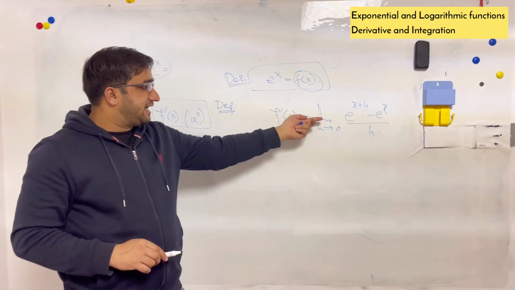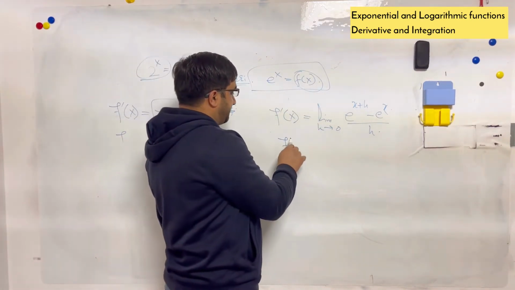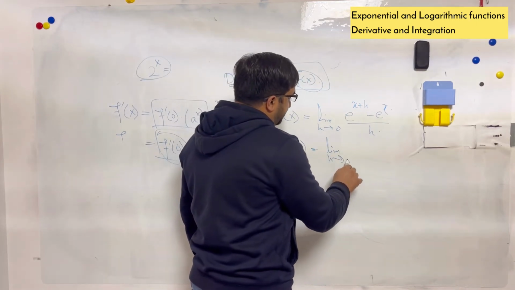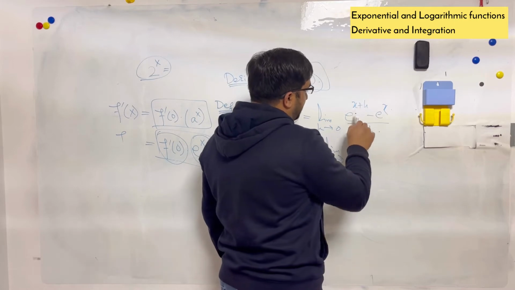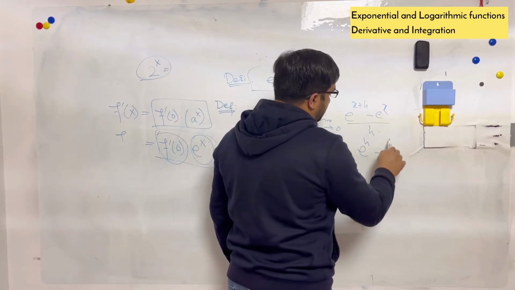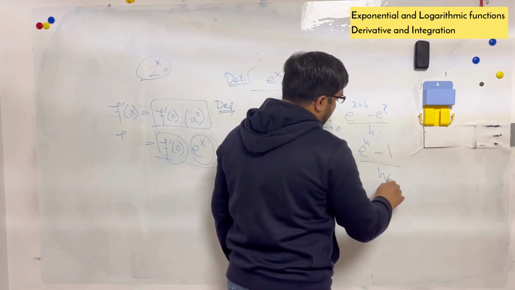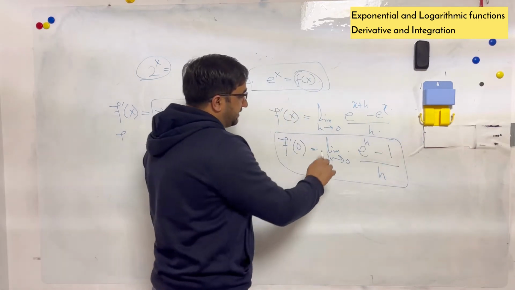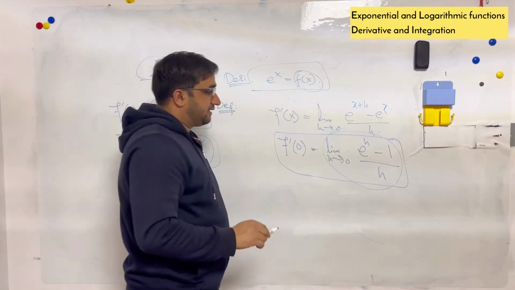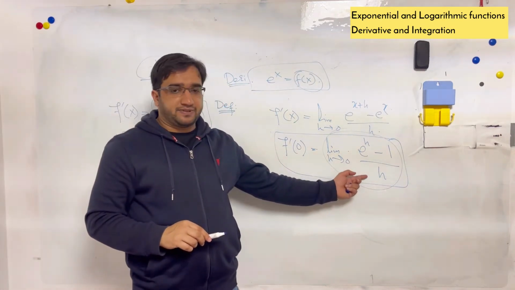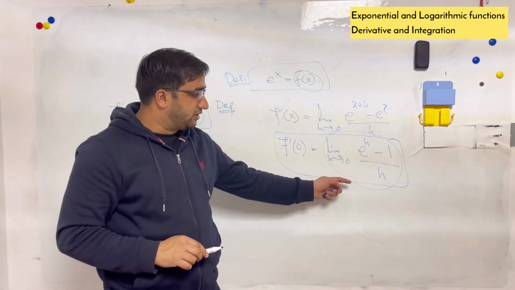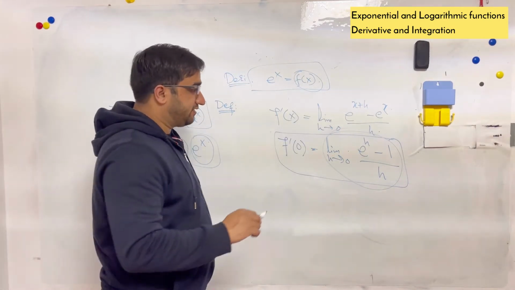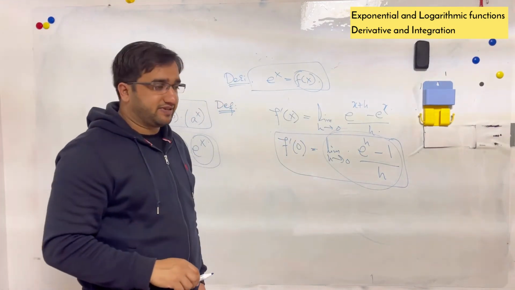If I replace x with 0, it becomes f dash of 0, the limit as h approaches 0 of e raised to the power h minus 1 divided by h. And I told you that this relationship is always equal to 1 when you have e here, just now when we were talking about the definition of the exponential.